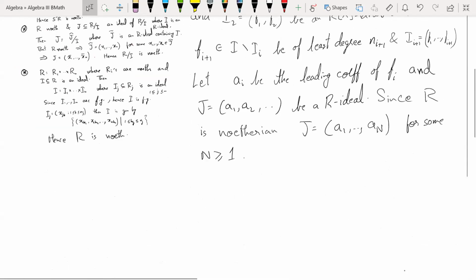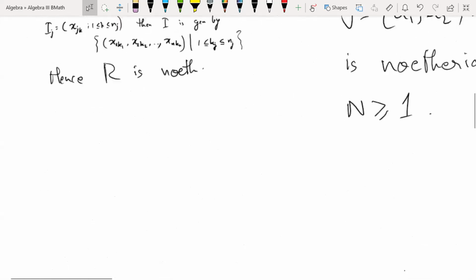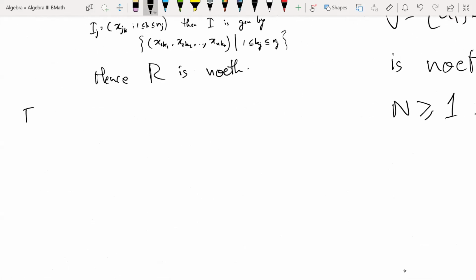So maybe one counterexample is that if you take a polynomial ring in infinitely many variables over anything, so maybe Q[x1, x2, ...] and so on. The way to think of it is, we have done only polynomial rings in finitely many variables.